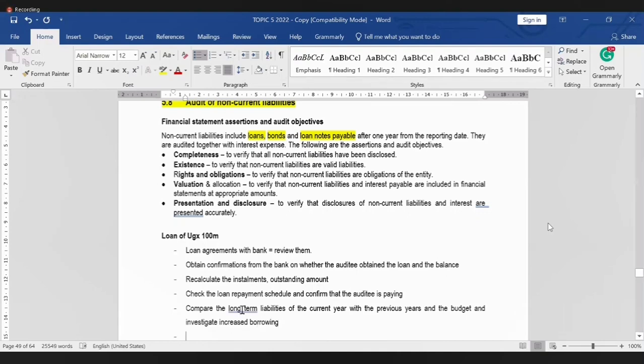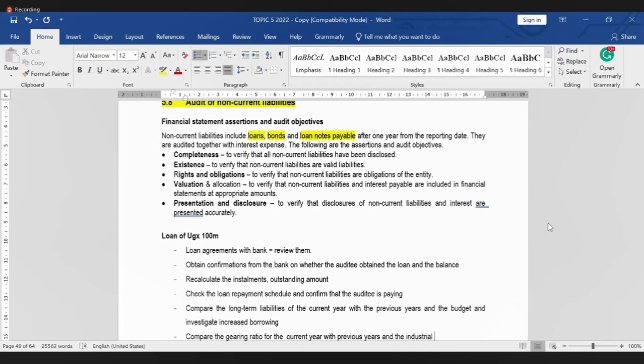But also, here there is a ratio. You're going to compare the gearing ratio for the current year with the previous years, and the industry average. The same industries, how much are they borrowing?